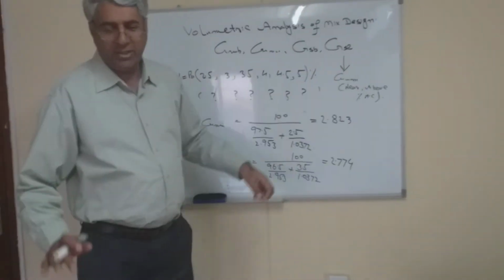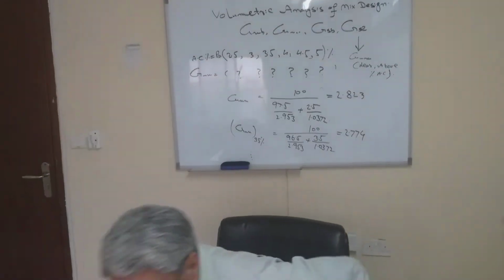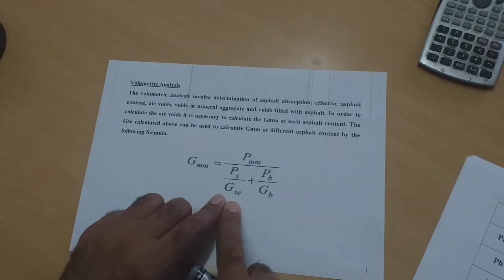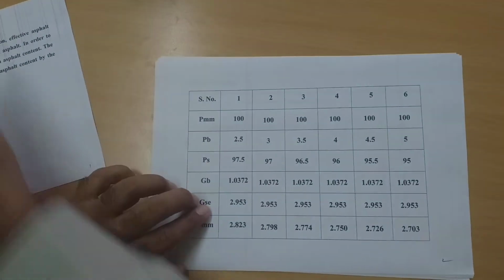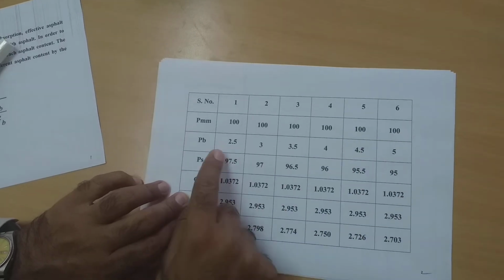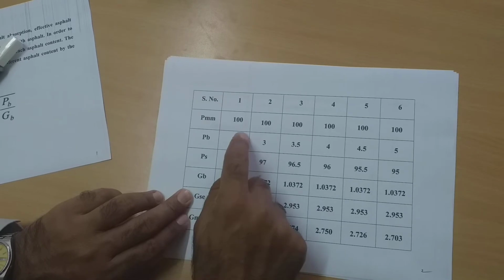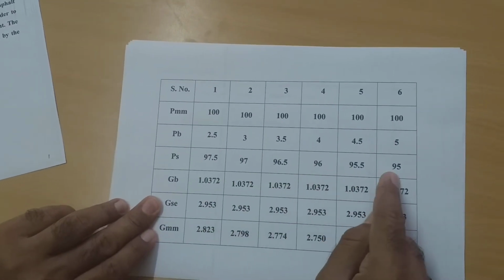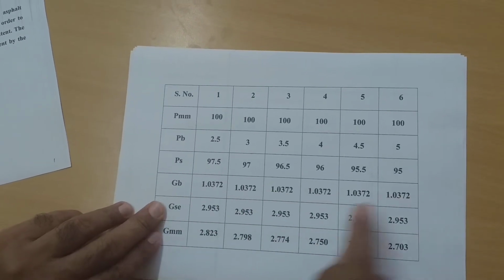Now all this calculation I have already made and I will show you in this chart. This formula which I have already told you, PMM, PS over GSE plus PB over GB. Now we will come to this table. PMM is 100 for all this percentage of the bitumen given over here from 2.5 up to 5. Then this is the PS, it's also given over here. This GB, specific gravity of the bitumen, is given over here.